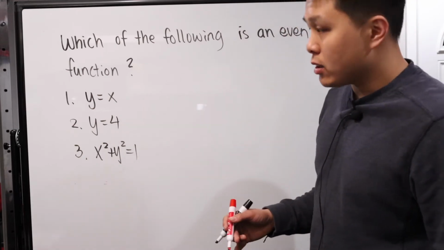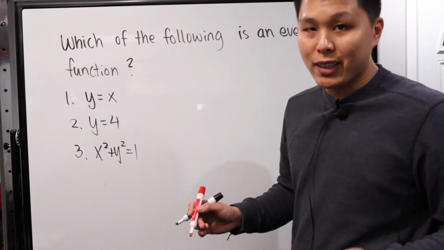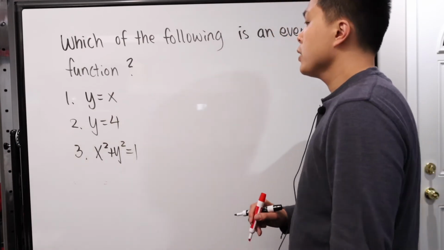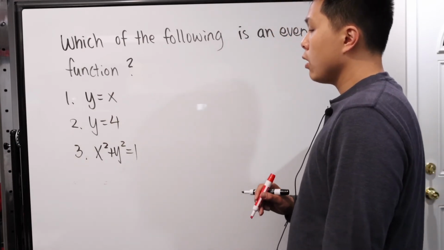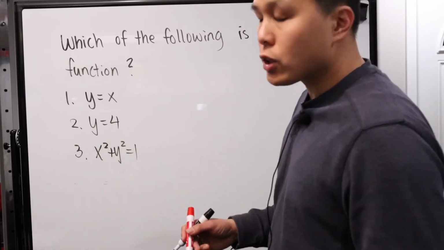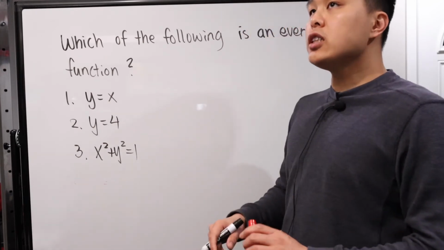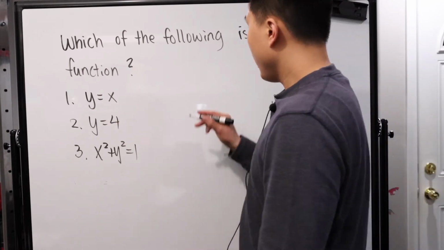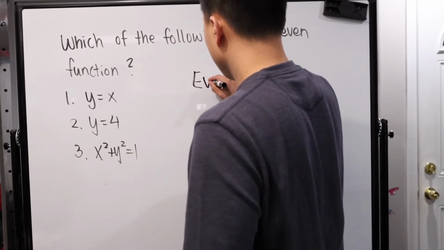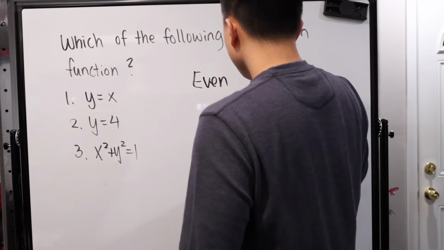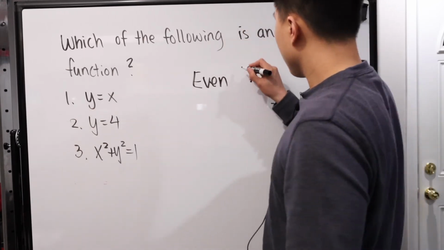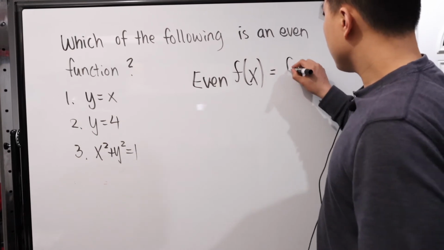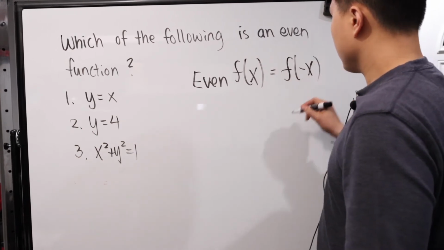As you guys can guess, this is based on the definition of odd and even function, not necessarily on the function itself, although that plays a key role. First and foremost, you have to remember which one is odd and which one is even. The concept is fairly simple. You look at the function itself, and for an even function, whatever you plug in for x should give the same output as if you plug in the negative version.